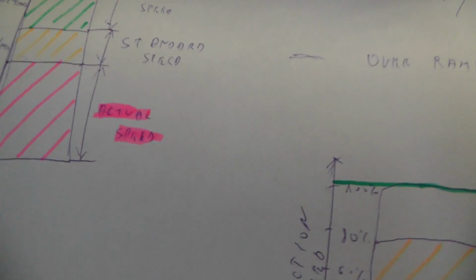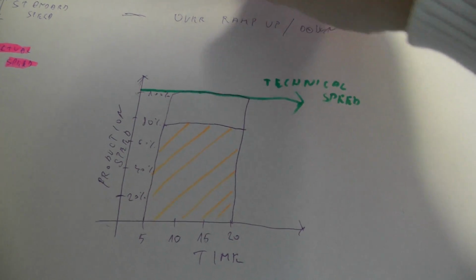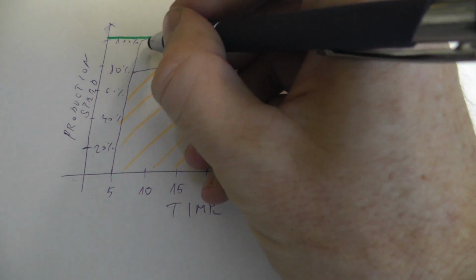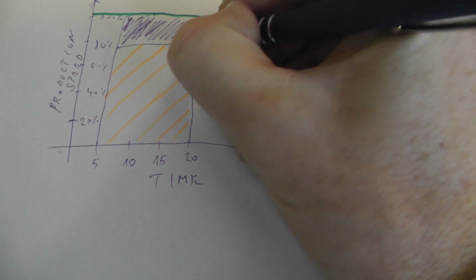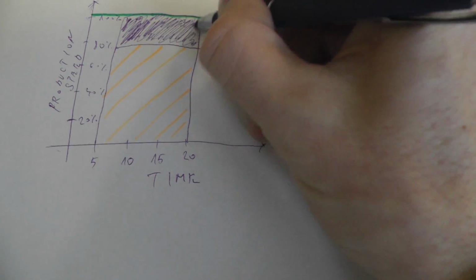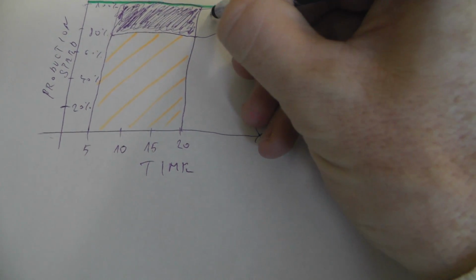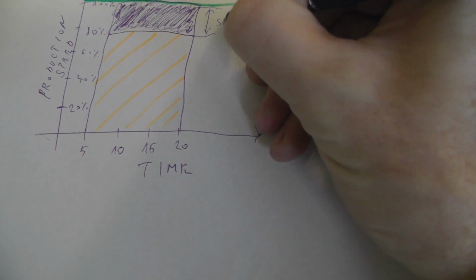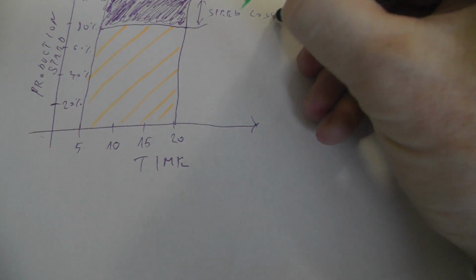Here we can see standard speed, the same color. This is standard speed, and of course this is speed losses. Between standard and actual speed, and technical speed, we have speed losses. This is speed loss.